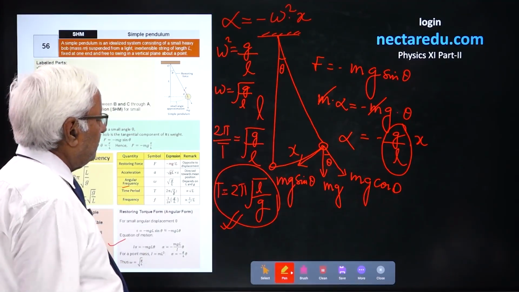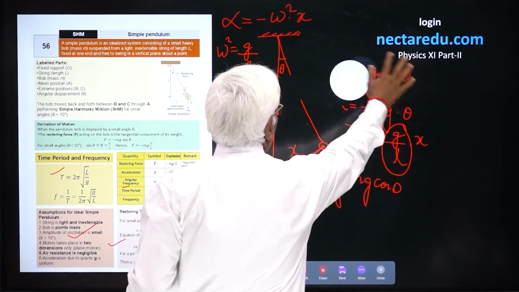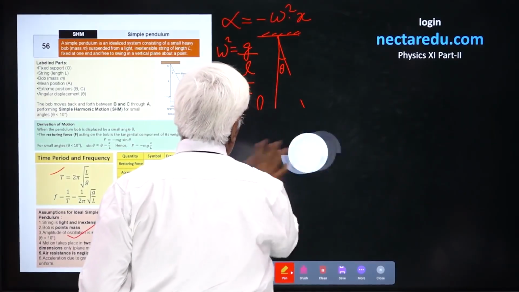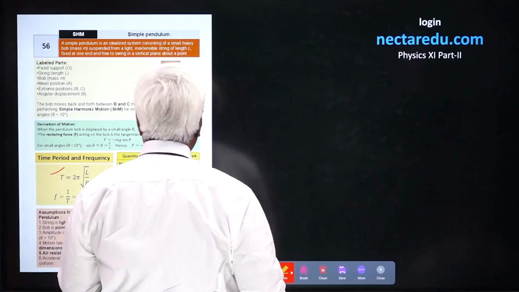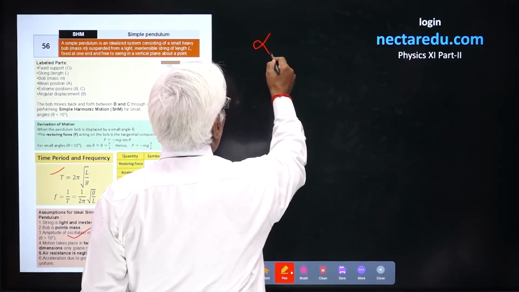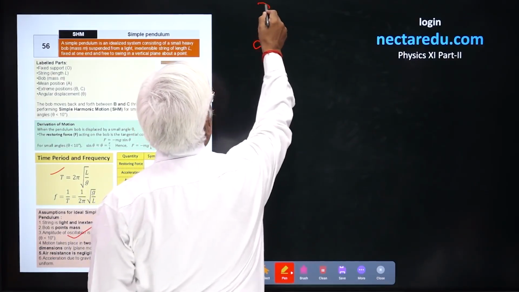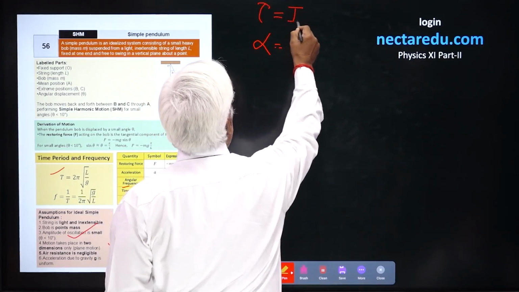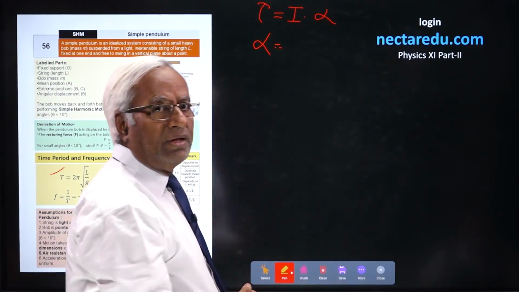Here we have been considering linear displacement and linear restoring force. In place of that, if we consider the angular form, then we consider angular acceleration. Angular acceleration could be obtained from restoring torque. Restoring torque will be equal to I into alpha.